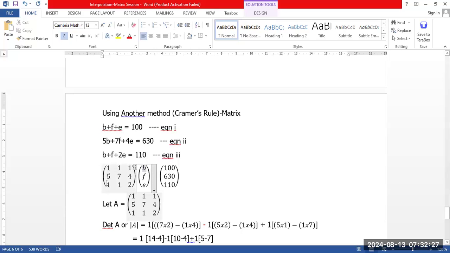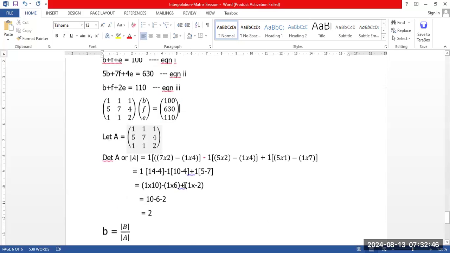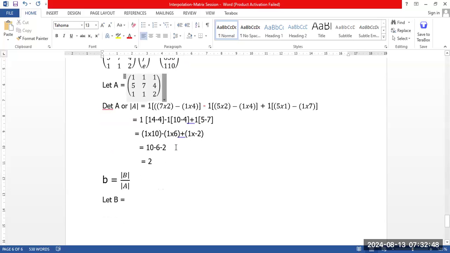Are you seeing that? So you're going to replace this column where B is with this column.